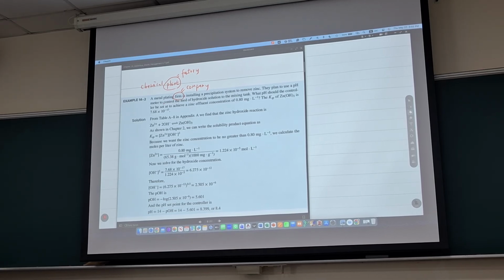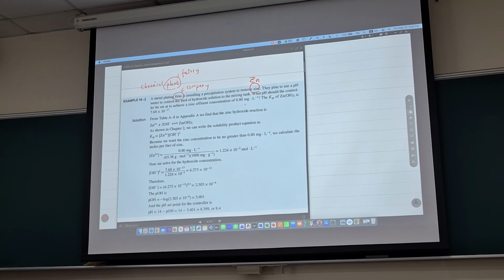It's installing a precipitation system to remove zinc. They plan to use a pH meter to control the feed of hydroxide solution, okay, to increase pH, right, to the mixing tank. What pH should the controller be set to achieve a zinc effluent concentration of 0.8 milligrams per liter?